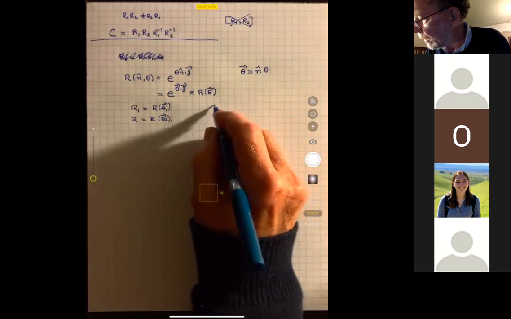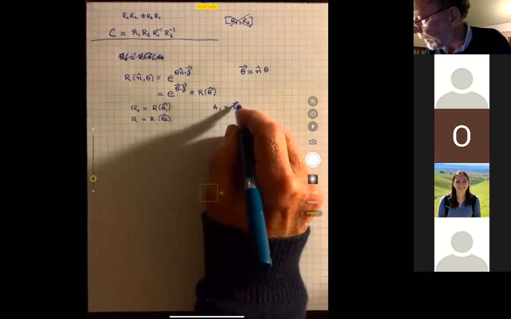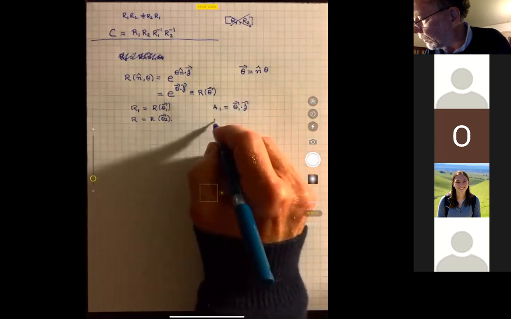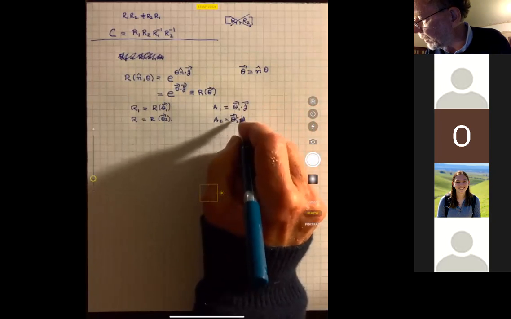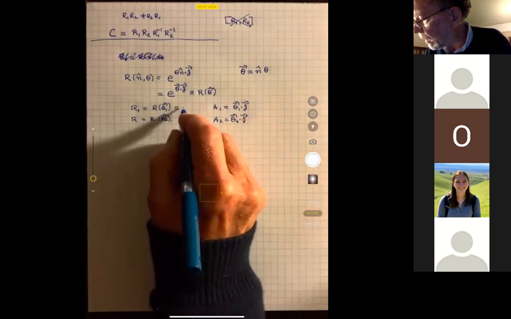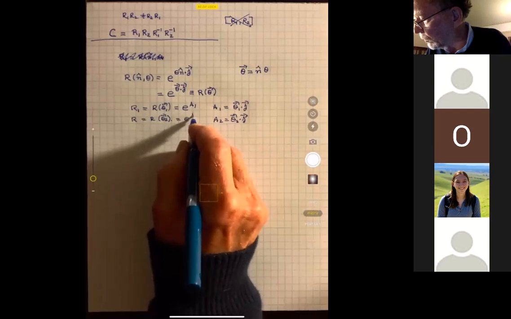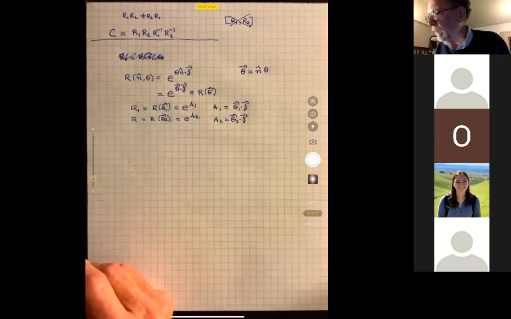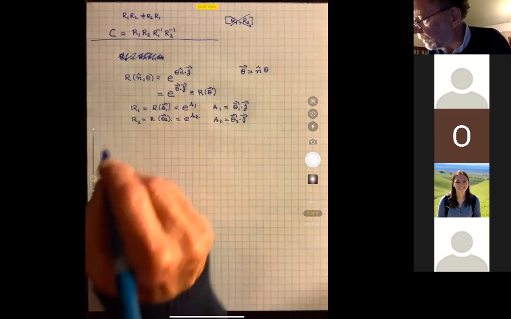Let's say A1 is equal to theta 1 vector dotted into J, and A2 is equal to theta 2 vector dotted into J. These are antisymmetric matrices. And if so, this R of theta 1 is the same thing as e to the A1, and this is equal to e to the A2. Okay, now this is R2 here.